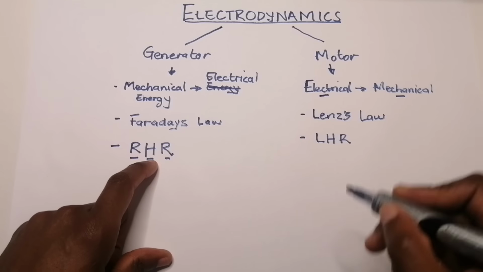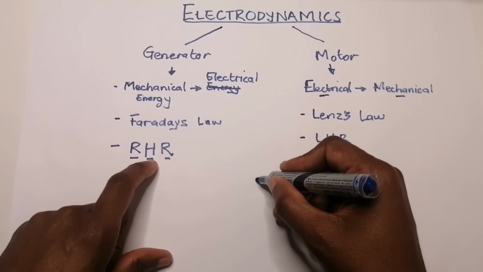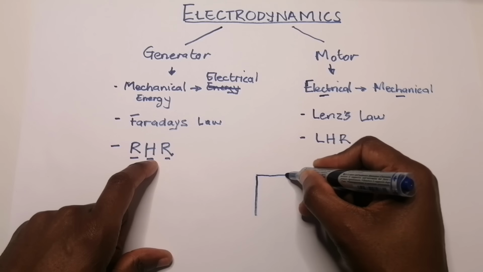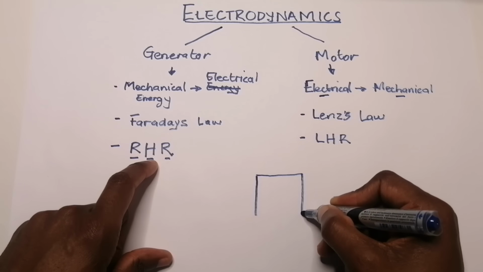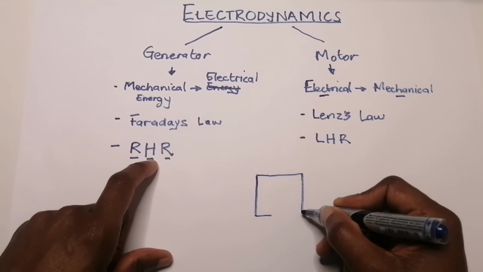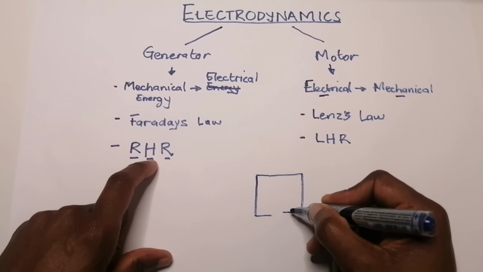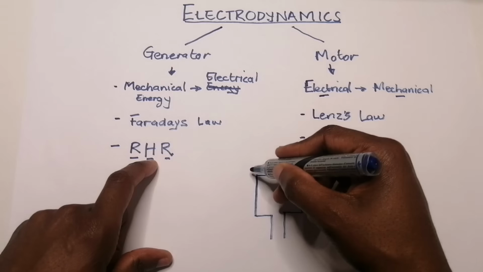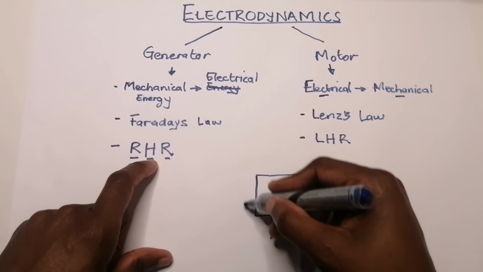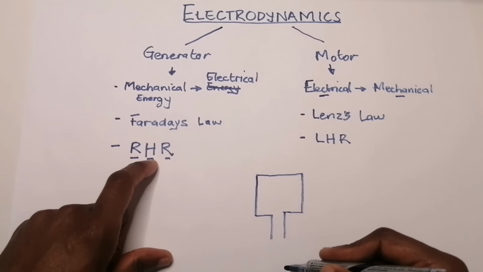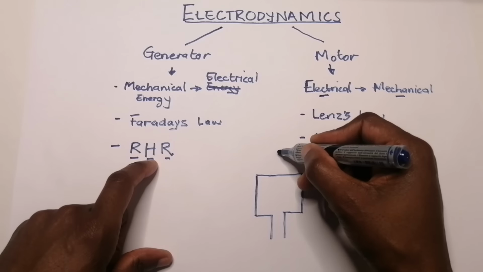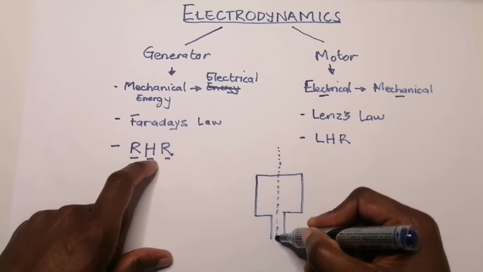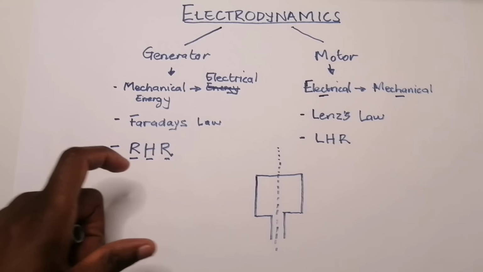I'm just going to draw a simplified diagram here of a generator. So you've got this part that is able to turn. We usually call this an armature. So you have a wire that goes across like this. This is the armature, the part that is able to rotate, and these are the axes of rotation.